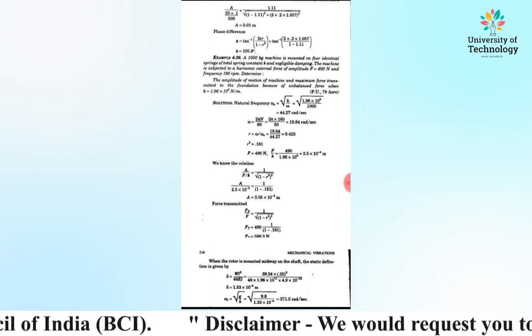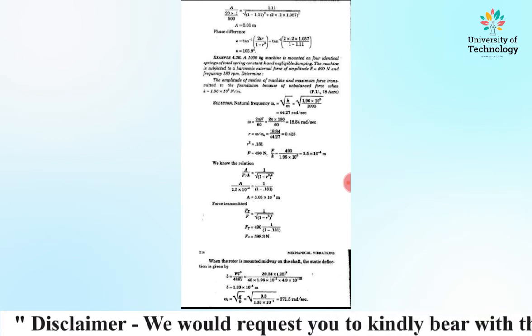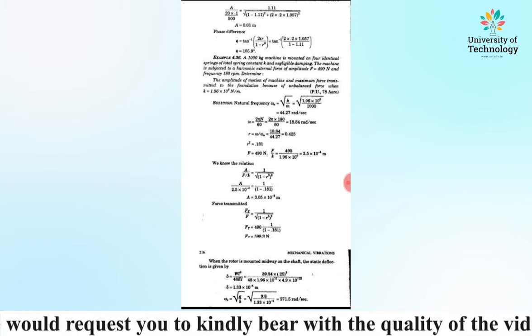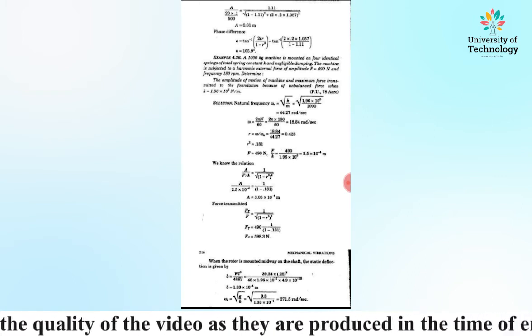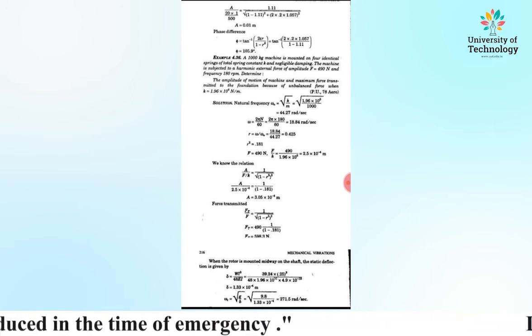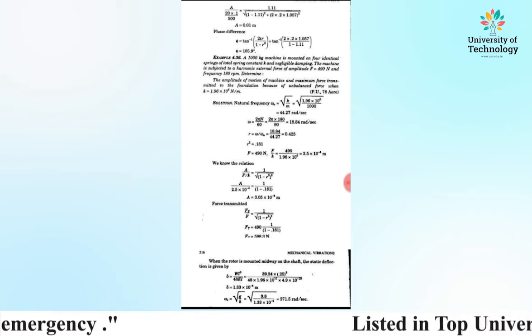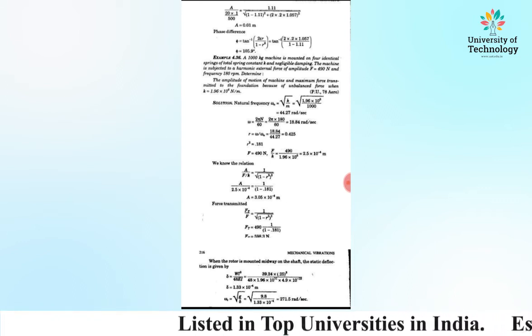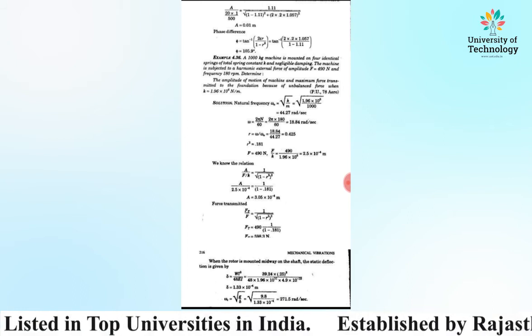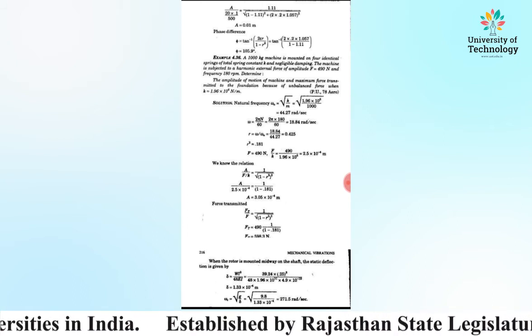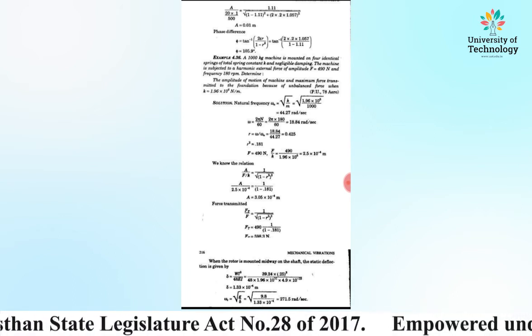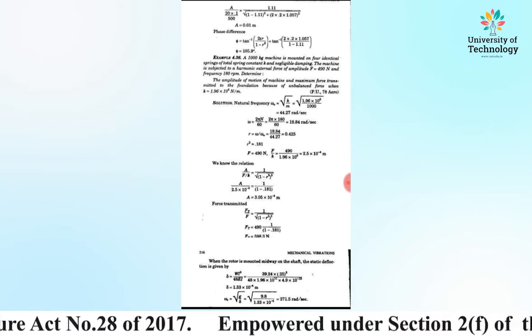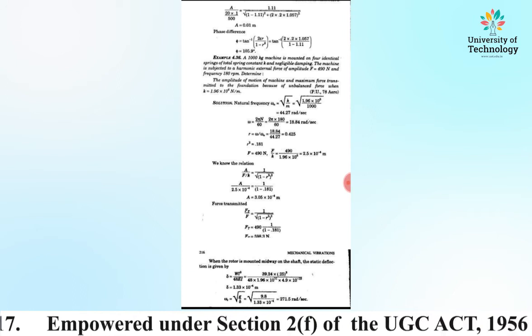The machine is subjected to a harmonic external force of amplitude F equal to 490 Newton and frequency 180 rpm. We have to determine the amplitude of motion of the machine and the maximum force transmitted to the foundation because of the unbalanced force when k is equal to 1.96 × 10^6 Newton per meter.